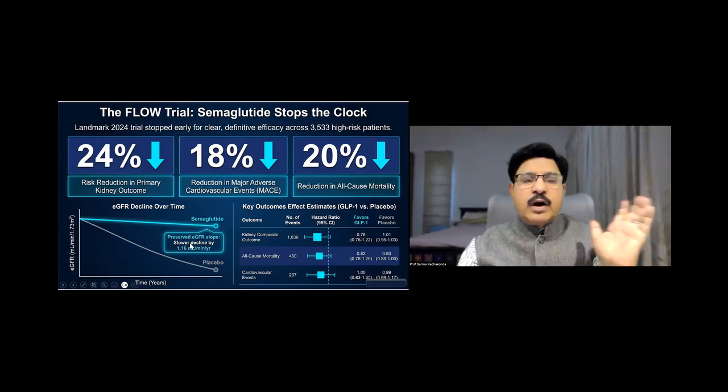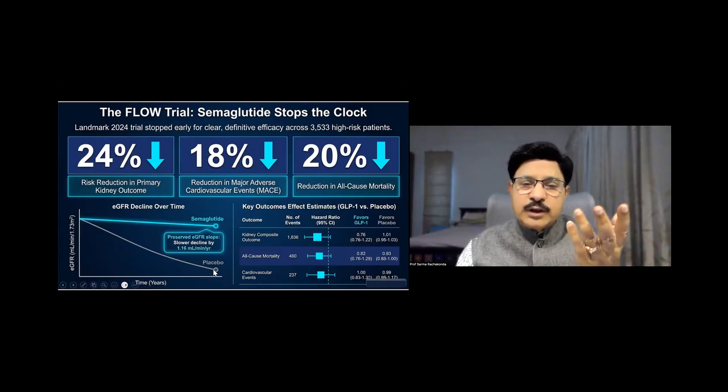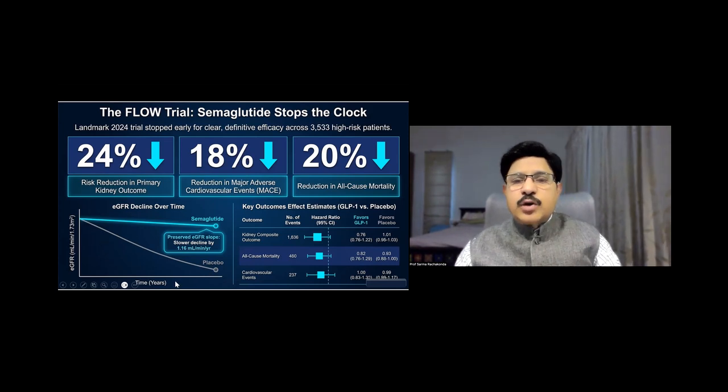The trial was halted because semaglutide was doing so well, they cannot keep the placebo arm until 5 years. Because it is not ethical when something is working so well in the early 1 year itself. There's no point in keeping the patients on the placebo just for the trial's sake, and the trial is stopped.